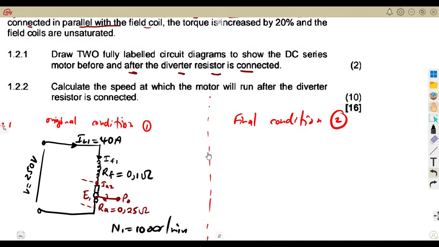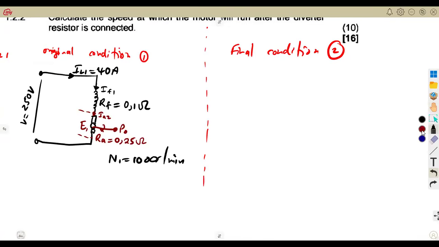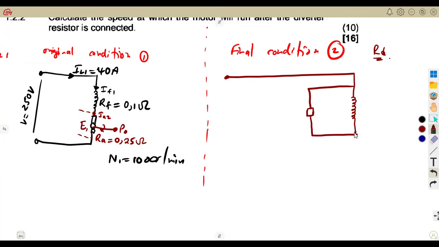On the final condition, what affected it is a diverter resistor which was connected. And as we do understand, a diverter resistor is connected in parallel to the field. So as we are going to have our field, this is the field winding, a diverter is connected in parallel. That is what affected our diagram. So the rest of this part is just going to remain as it is, your armature, this and that.